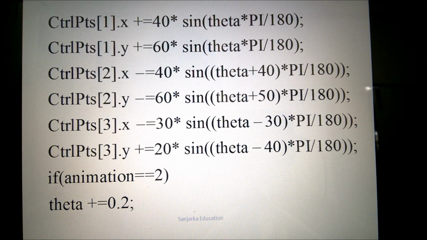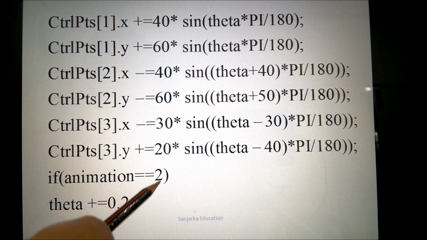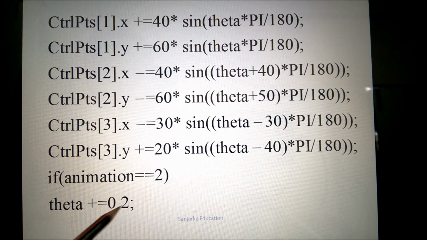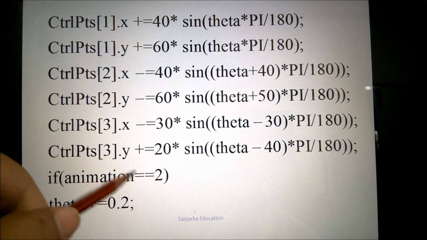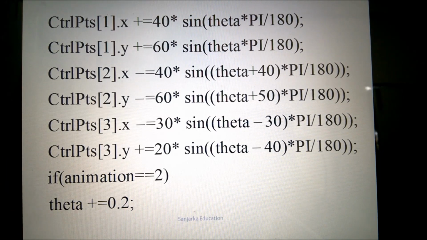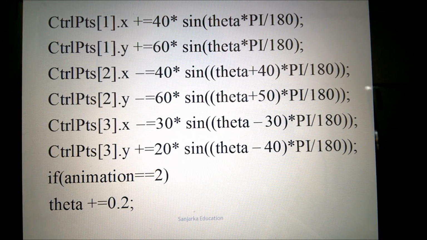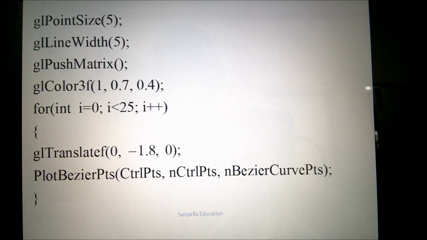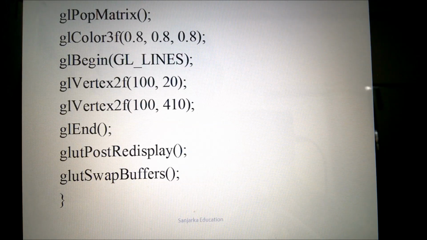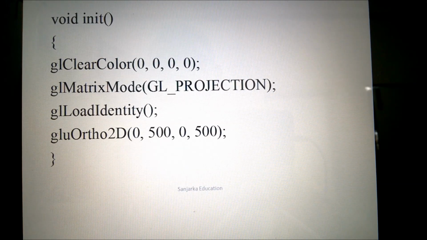Now we can see here animations. We can do it with animation, and also without animation. Therefore, in the menu, if we choose with animation, then this will be chosen. We'll show it here, and this is the initial function.